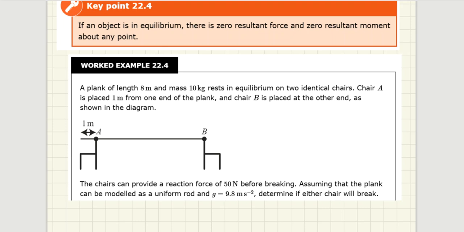There's no horizontal force, it's vertical. Which direction is the moment? Clockwise, because chair A is a pivot point relative to chair B. So the force being applied on B is actually a moment about A. That makes sense?